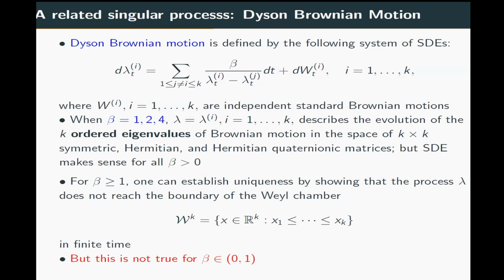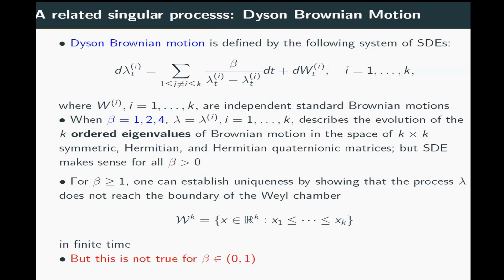For beta greater than or equal to 1, one can establish uniqueness by showing that the process lambda does not reach the boundary of the Weyl chamber, where it lives for infinite time, assuming you start there. But this is not true for beta in 0 to 1. We already heard that in the last talk.